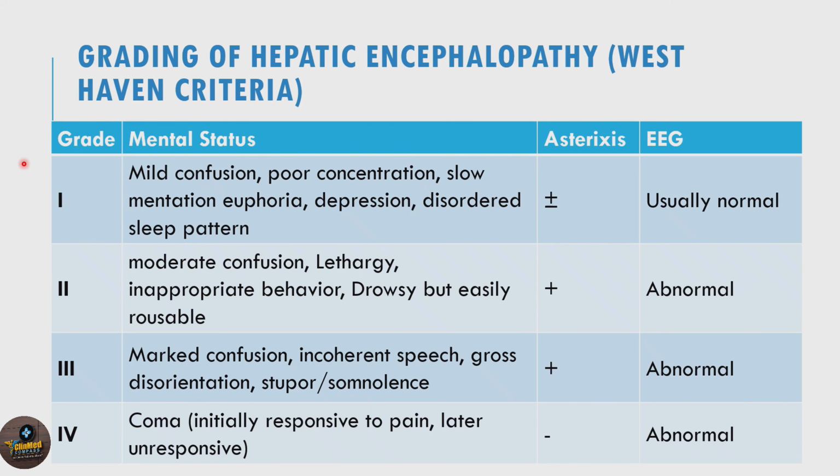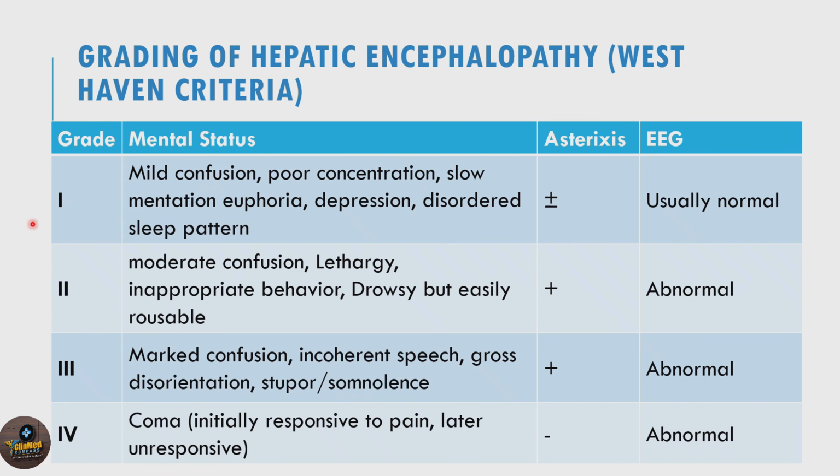Grade 1: mild confusion, poor concentration, such as a trivial lack of awareness. They may have euphoria or anxiety with shortened attention span. In this grade, they have a disordered sleep pattern. There may or may not be asterixis, and the EEG is usually normal.